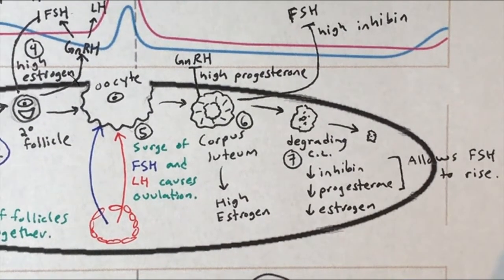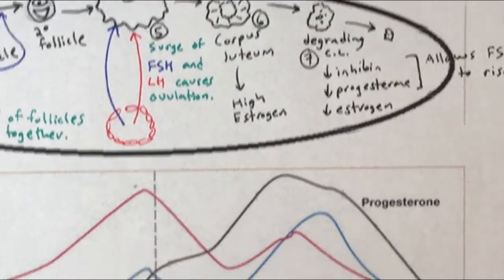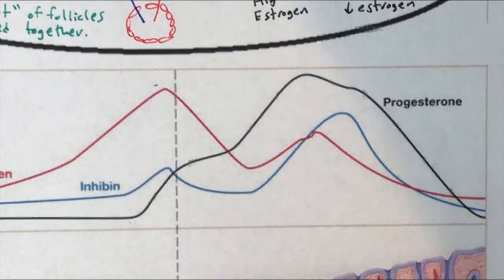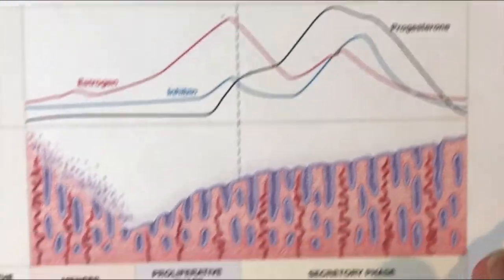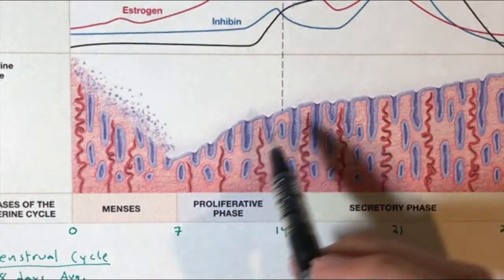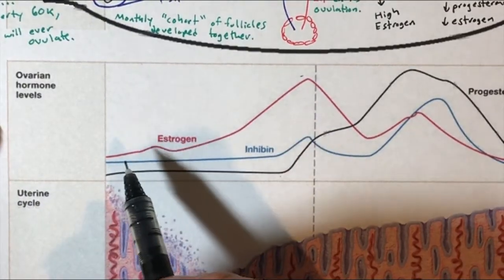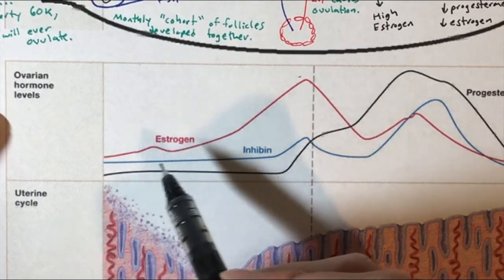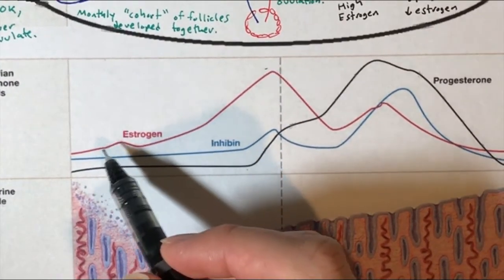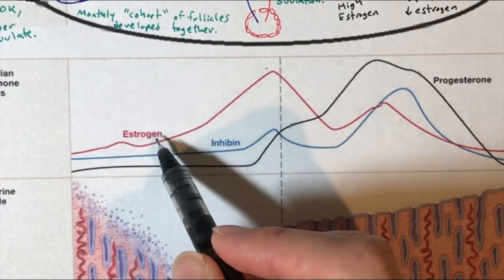So, how does all of this help the ovaries? For this, we're going to look at the uterine cycle, so we can check out how the changes of hormones influence the uterus. We're not showing LH and FSH in this graph, but we're showing the hormones of estrogen, which there's different types of estrogen.